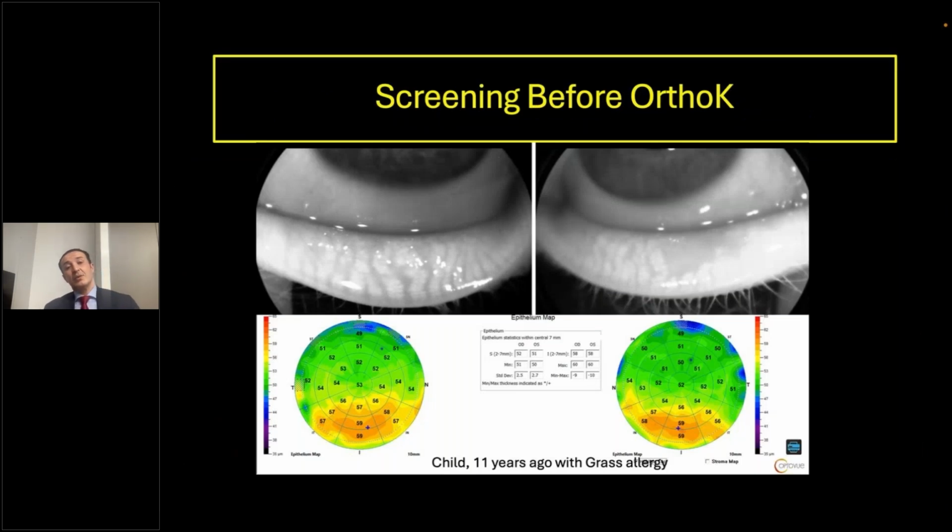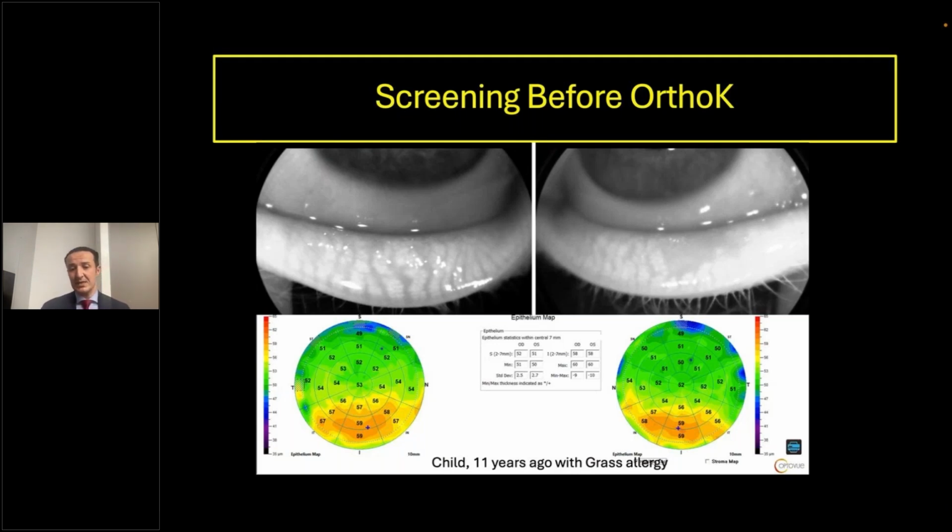And we can use the epithelium mapping like a screening before the orthokeratology, because when you have a young patient, like in this case, 11 years old with a history of grass allergy, we observe meibomian gland dysfunction, and look in epithelium mapping, we observe a hyperplasia.